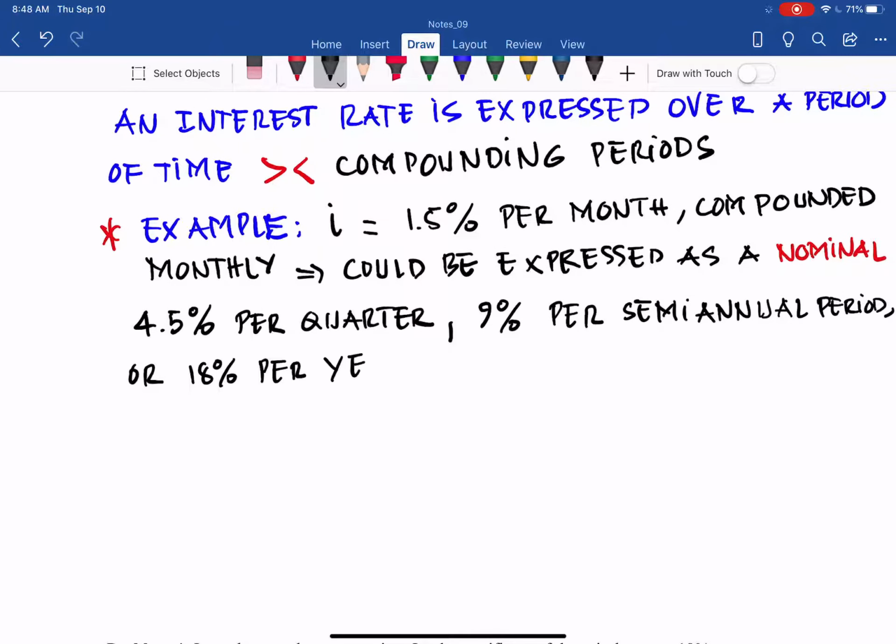All of these numbers are nominal interest rates, not effective. 1.5% per month compounded monthly is the effective interest rate. We can say the nominal interest rate is 4.5% per quarter, 9% per semi-annual period, or 18% per year, by multiplying by the number of compounding periods. But because the interest is spread over a time different from the compounding period, we don't consider it effective.